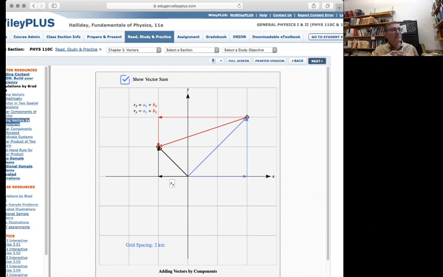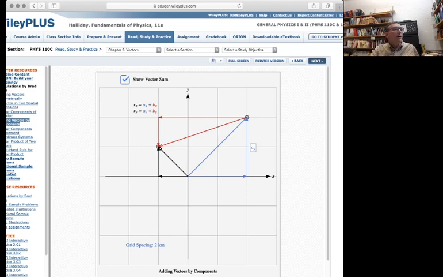Okay, now try the same thing for y components. First tell me, what's the y component of A? What's A sub y? Again, feel free to pause the video, think about it. Well, you can see it's 2 grid spacings, so that's 4 kilometers, and the arrow points in the plus y direction, so positive 4 kilometers.